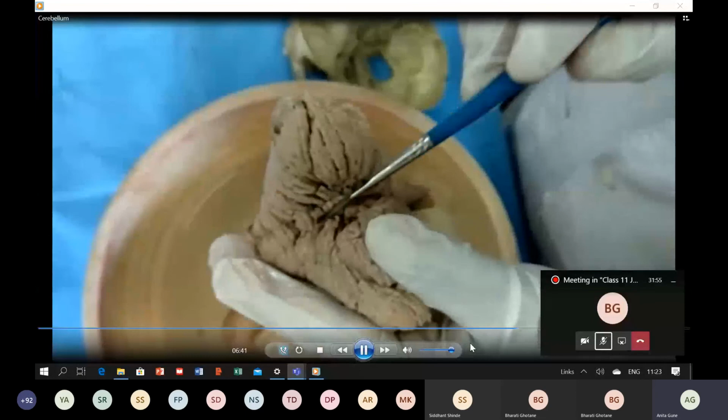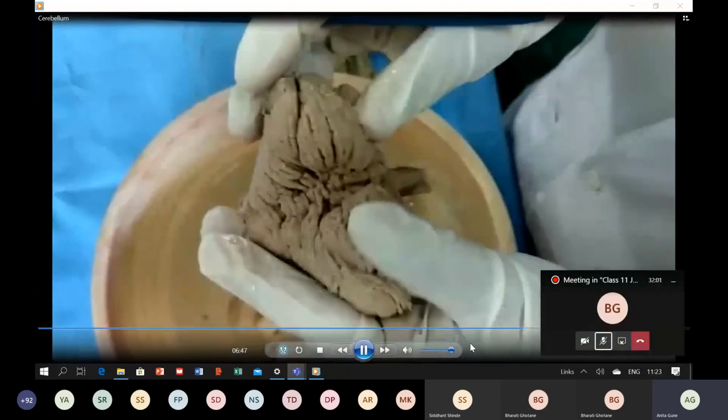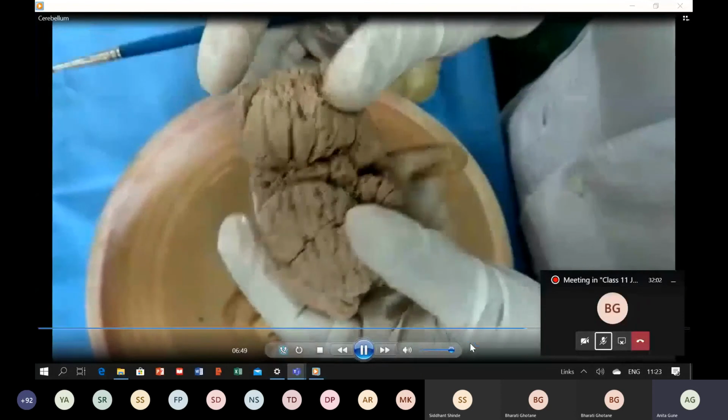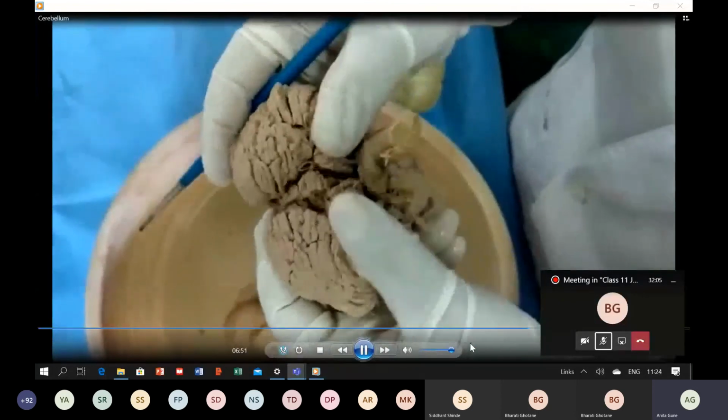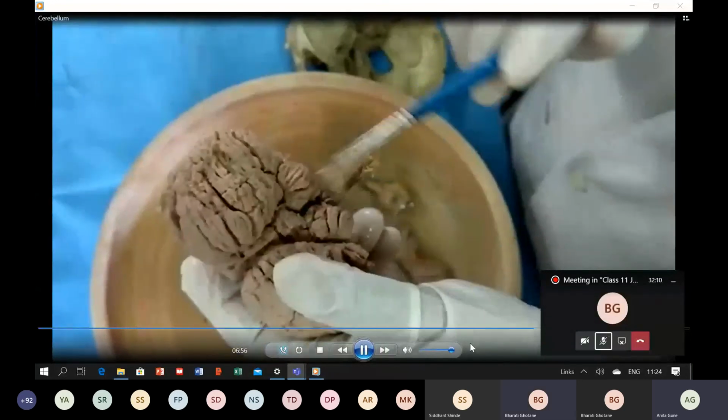This is the vermis, the median structure of the cerebellum. Flocculus and node. These are the tonsils.